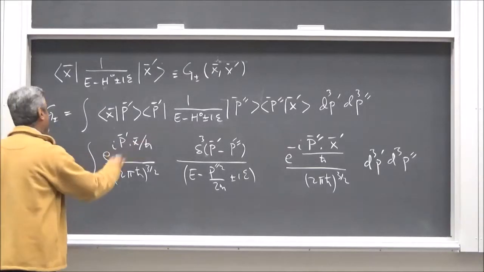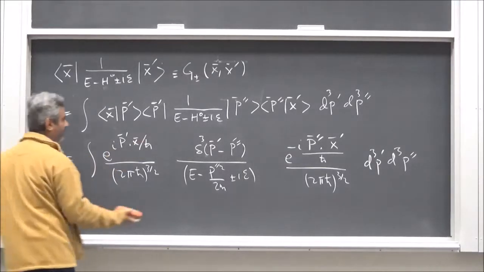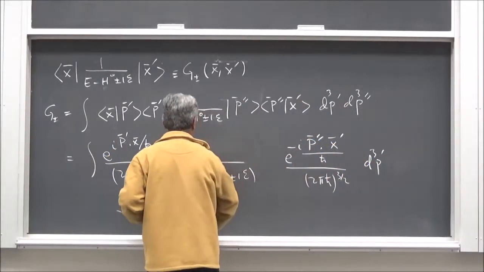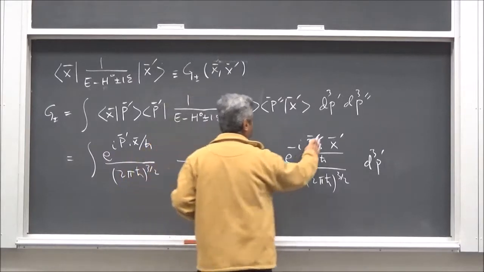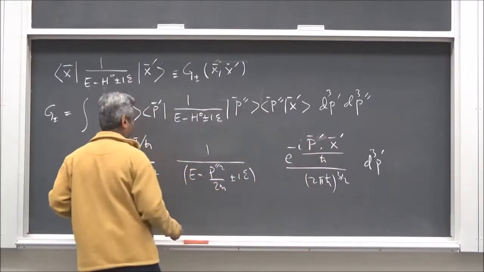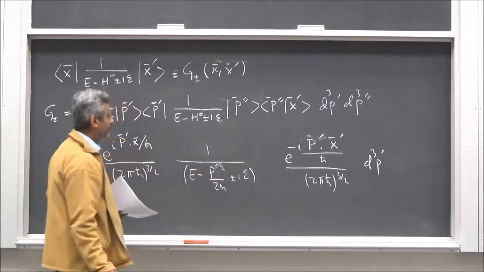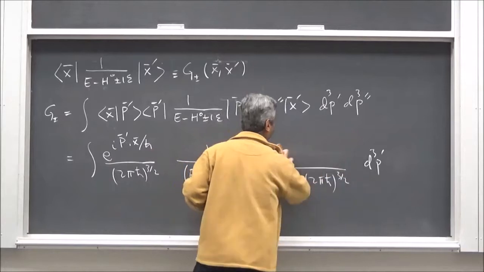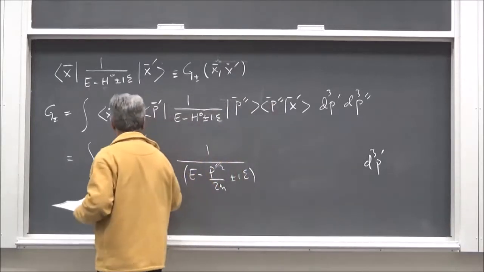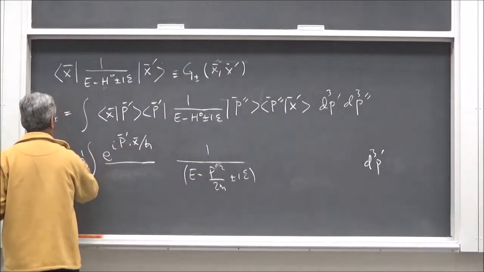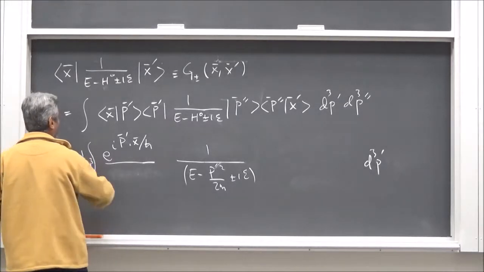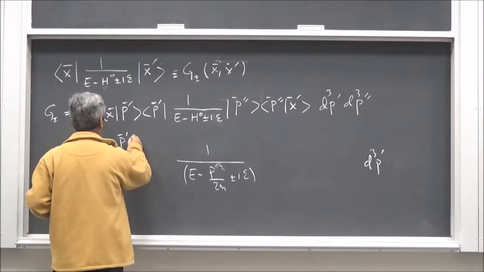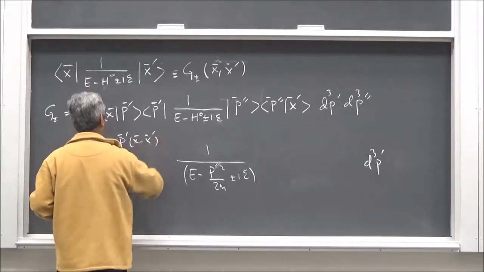ओके, जैसे ये कह रही है वैसे कर लें। डबल प्राइम वाला इंटीग्रल कर लें, ये डेल्टा फंक्शन खत्म हो जाएगा और हर जगह आप p prime कर दें, ठीक है? और इसको अगर आप इधर ले जाएं तो ये हो जाएगा 1/2 पाई h का क्यूब और ये हो जाएगा e^{ip·(x−x')}, ऐसे होगा ना?